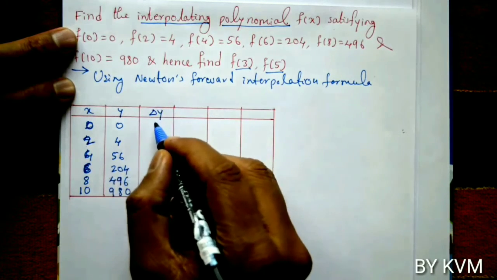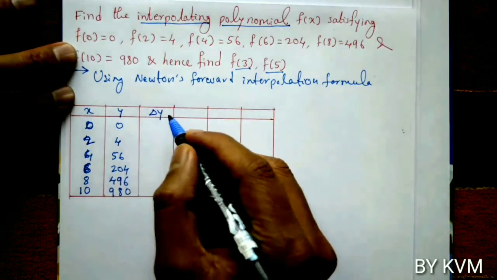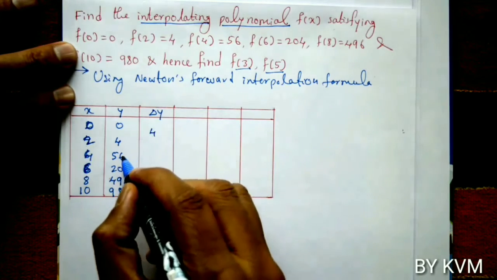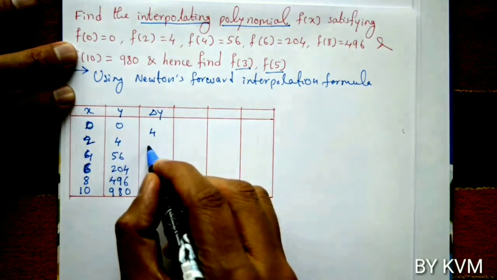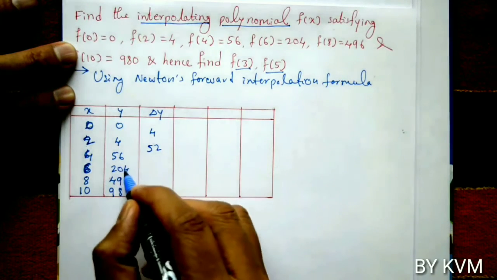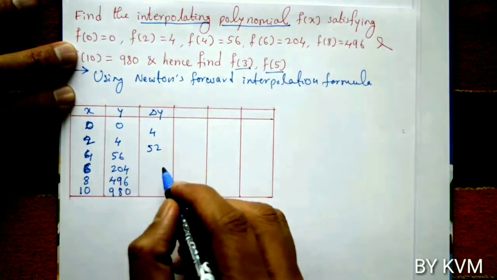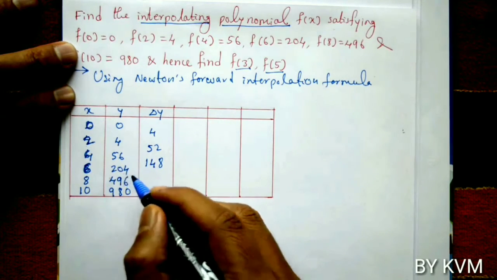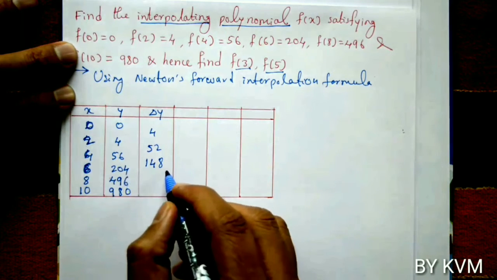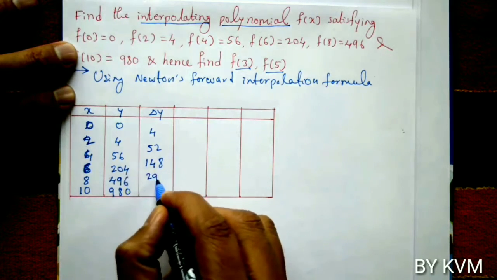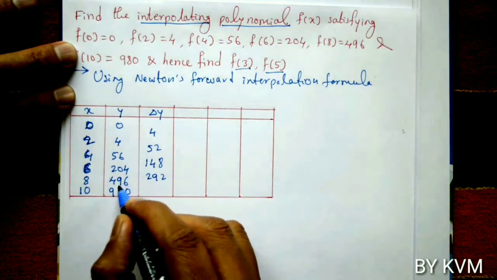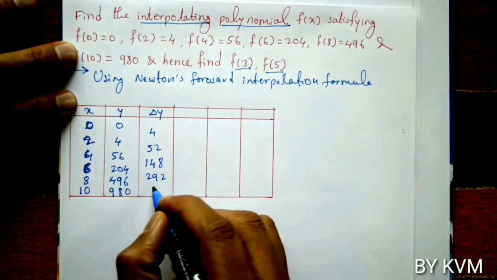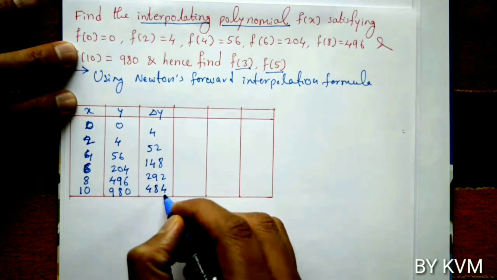First forward differences, denoted by delta y: 4 minus 0 is 4, then 56 minus 4 is 52, then 204 minus 56 is 148, 496 minus 204 is 292, 980 minus 496 is 484.